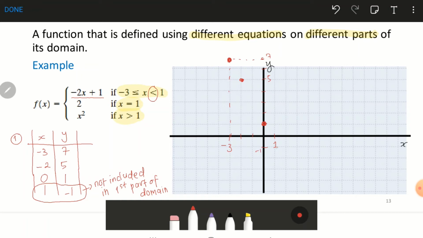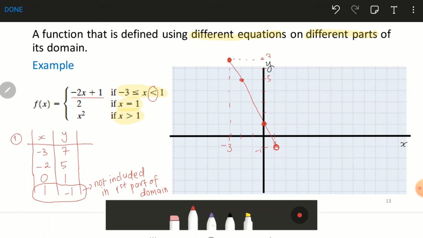Be careful because it's not included. Let's put a hole over there. So it's a dot, but not a full dot. We know it's a line, so we can connect it with a straight line.